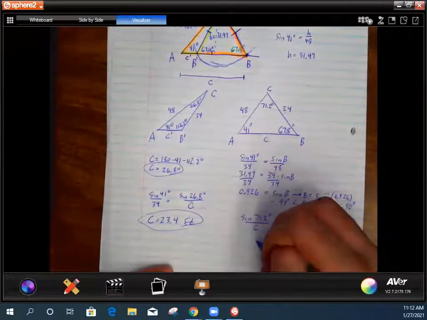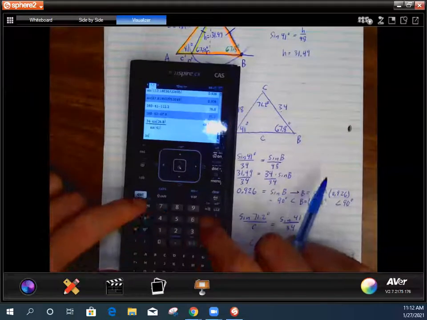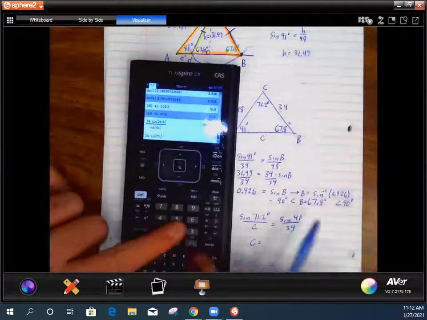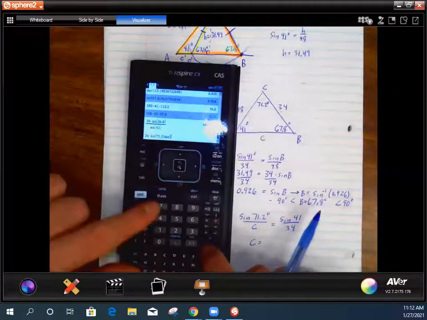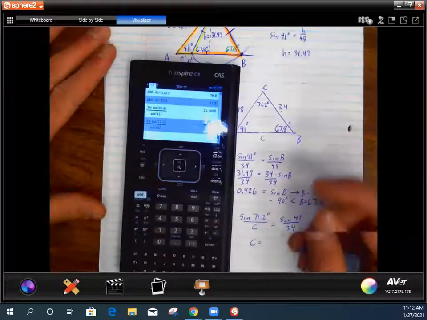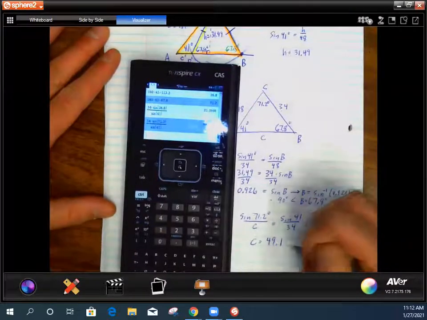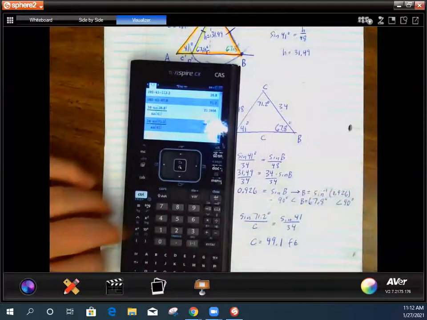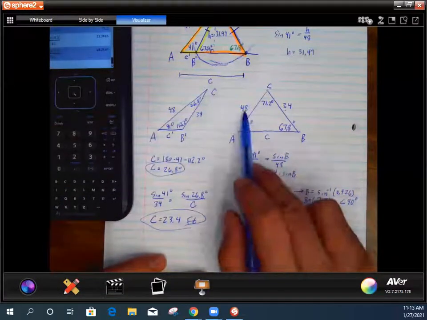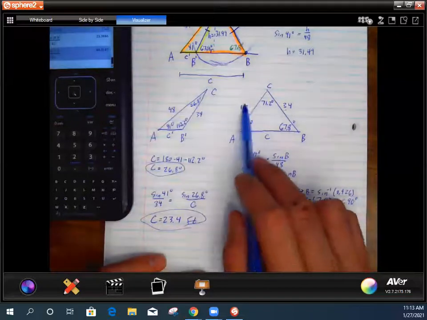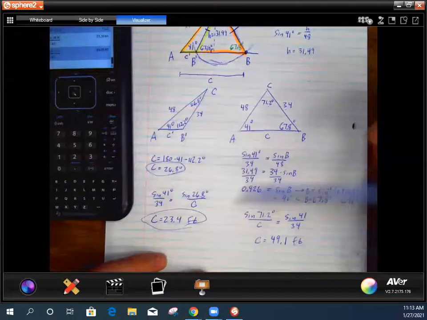And then cross multiply, do 34 times the sine of 71.2 equals C times the sine of 41. So divide both sides by the sine of 41, and we get 49.05, which you can round up to 49.1 feet. And that makes sense because it would be the biggest side in this triangle, but not too much bigger than 48 because 67.8 isn't that much smaller than 71.2.